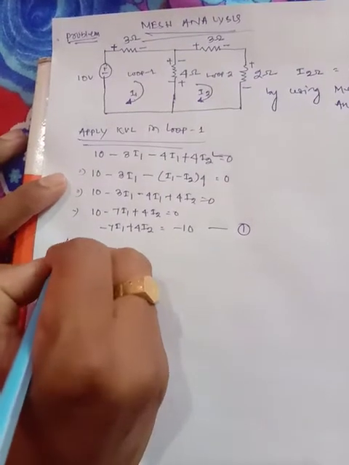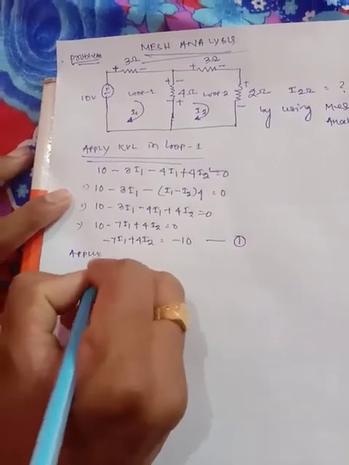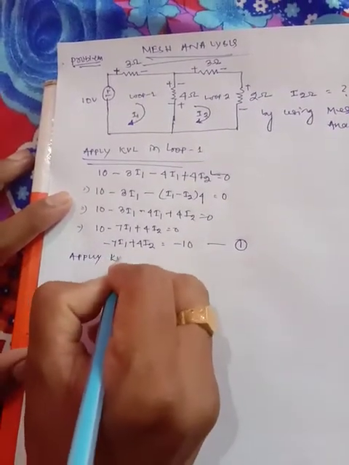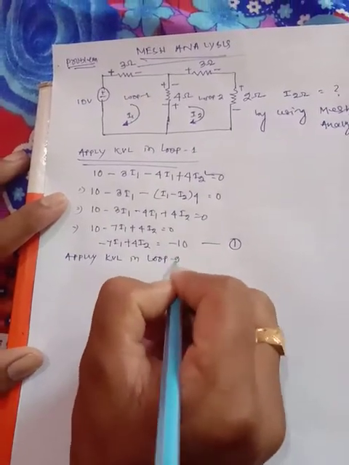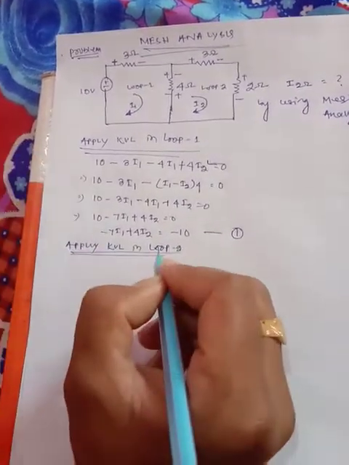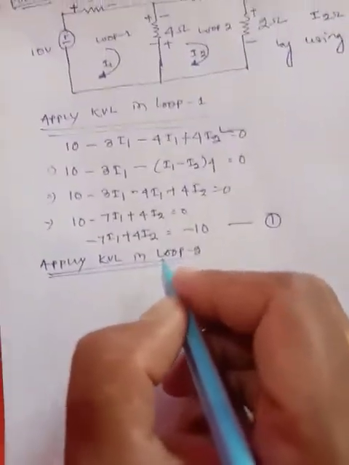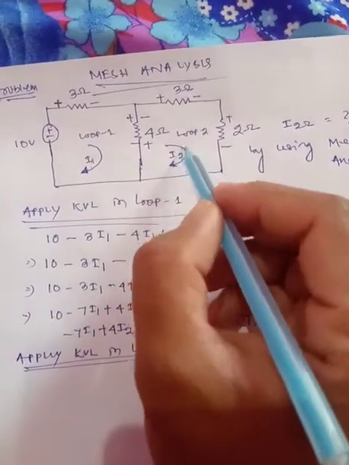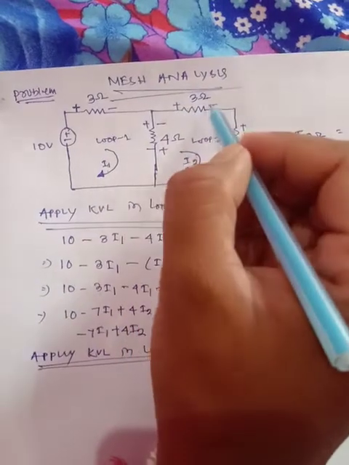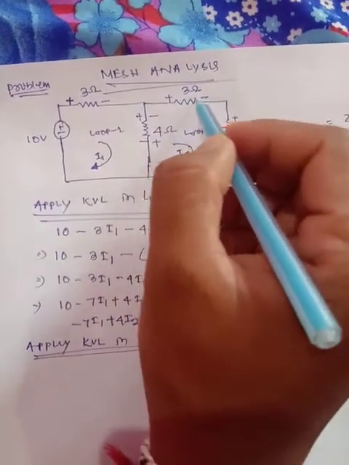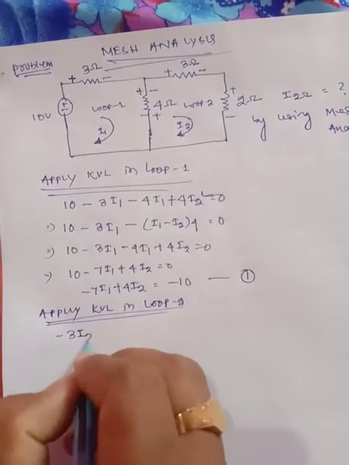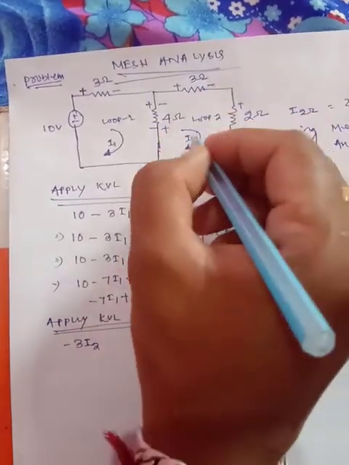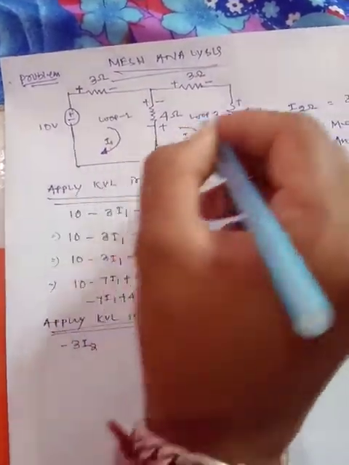So apply KVL in loop 2. In loop 2, positive to negative means voltage drop, that is minus 3I2. Here only I2 current is flowing.